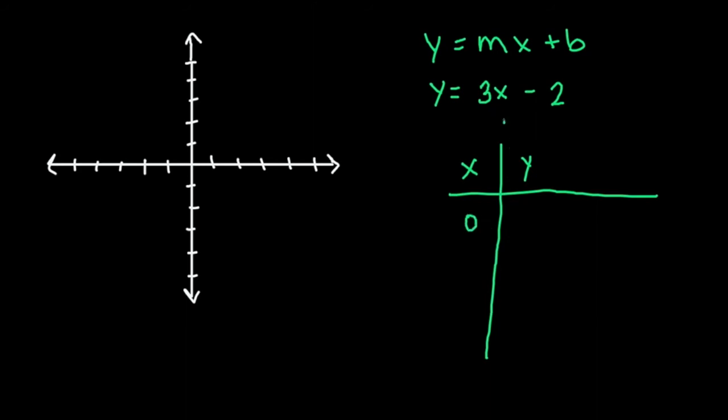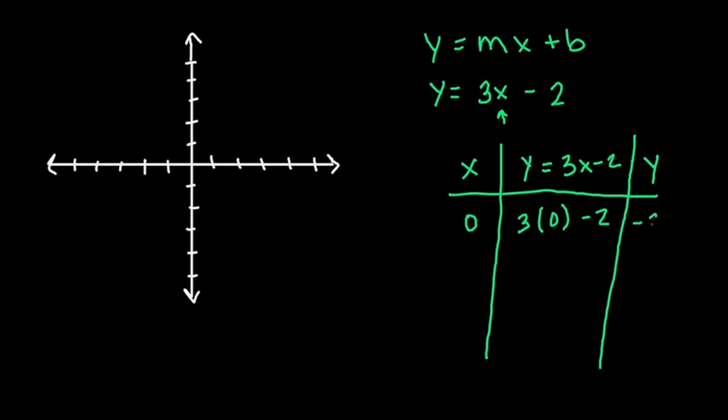I'm going to plug in every number that I want for x. I picked 0, we're just picking random numbers here. And in my equation, y equals 3x minus 2, so for x equals 0, I'm going to have 3 times 0 minus 2. 3 times 0 is 0, and 0 minus 2 is -2.